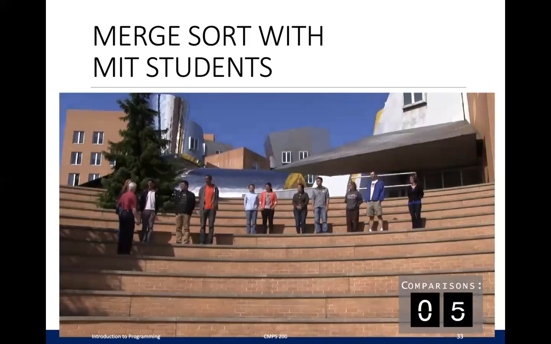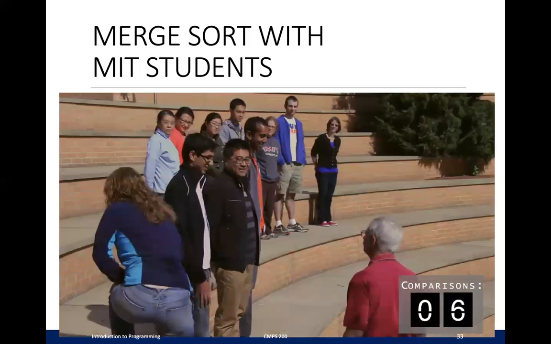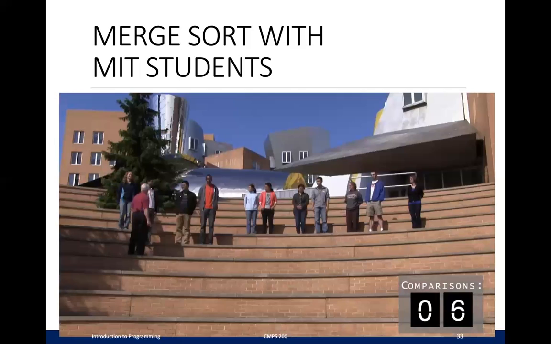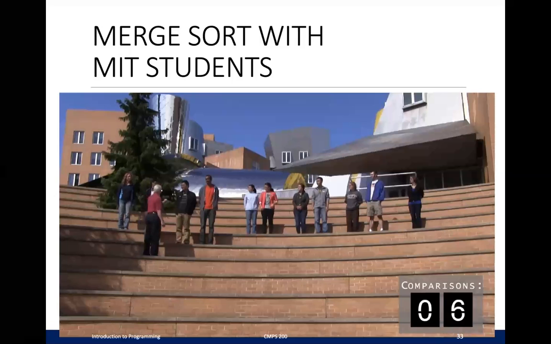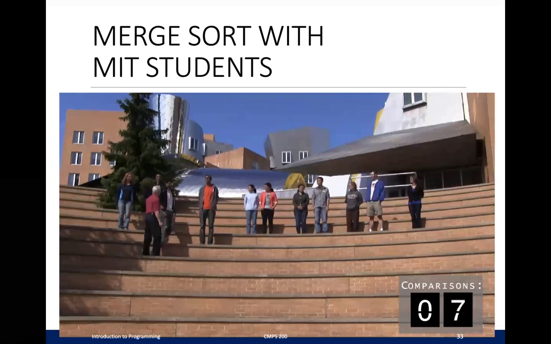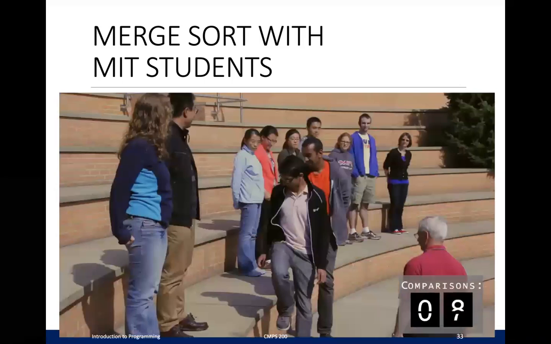Take a step back. Now, we're going to look at you and say, you're actually taller than this fellow. So you now step up there. And we're good here. Both of you take a step back.